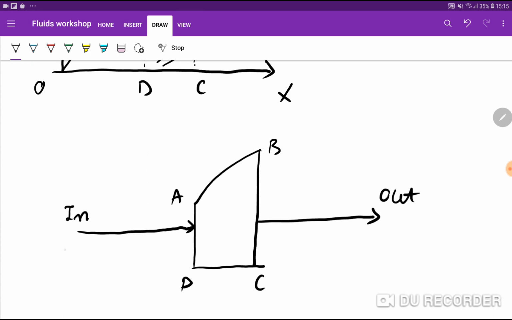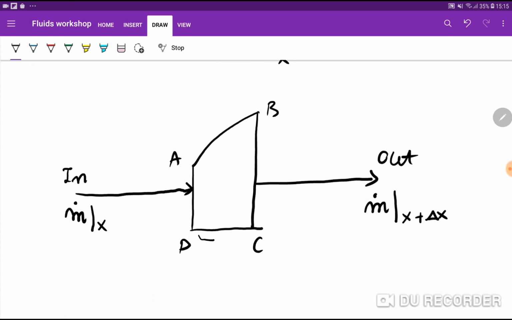At a random x point, I'll put the mass flow rate m dot at x. Similarly here, you have mass flow rate m dot at a tiny point x plus delta x. This length right here is delta x. So there's a mass flow into that region, and there's also mass leaving that region.